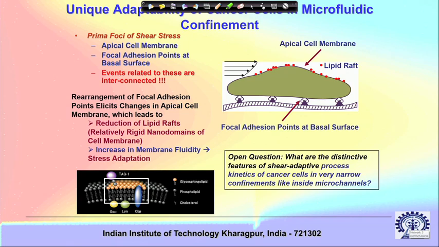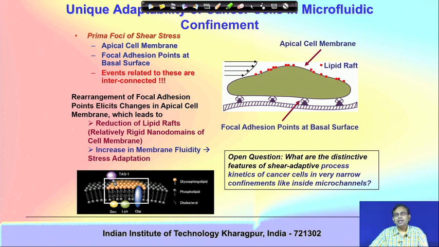Then what happens is that if there is a stress on the cell, there are embedded particles or fluorescent beads in the base of the microfluidic channel, and these beads will be displaced if the cell is adhering to the channel, and if there is a stress on the cell and the cell gets deformed, the beads in contact with the boundary of the microfluidic channel will be displaced.